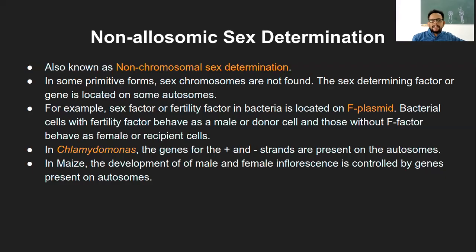Now, let's say a particular species of bacteria has developed resistance against an antibiotic, then that will be stored in the plasmid.